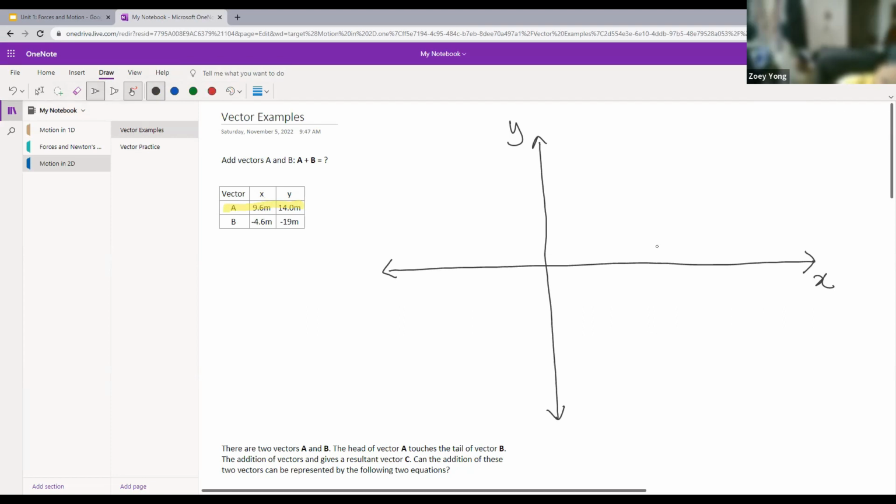We can say this is about 10 meters, and 9.6 is really close, kind of right there. So 9.6 on the x-axis, and then it says 14 meters on the y-axis.